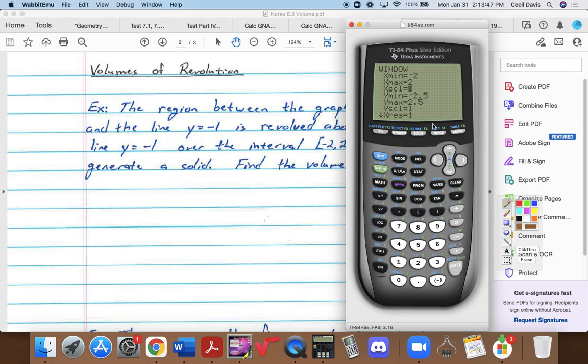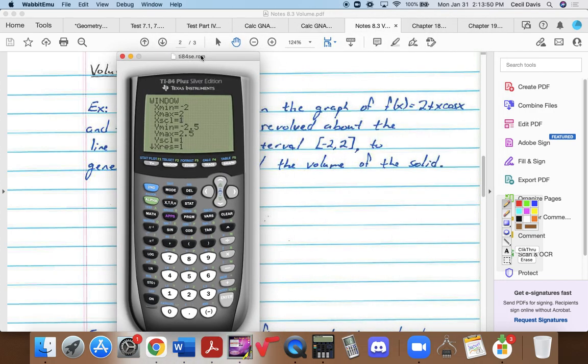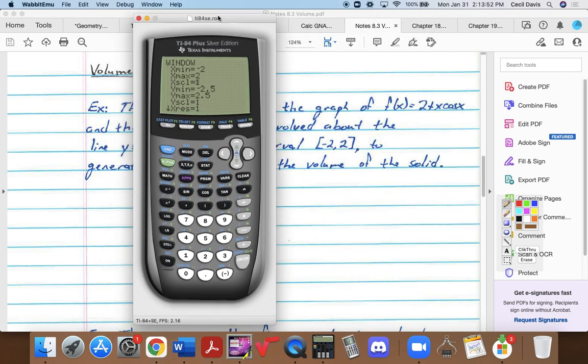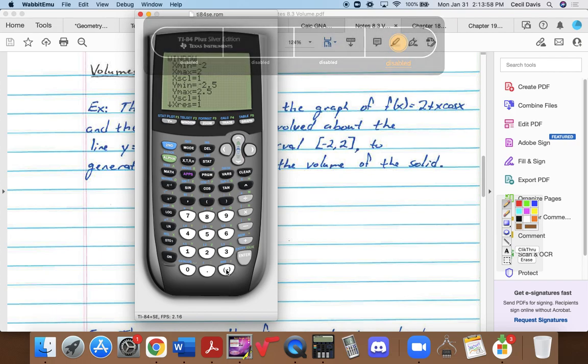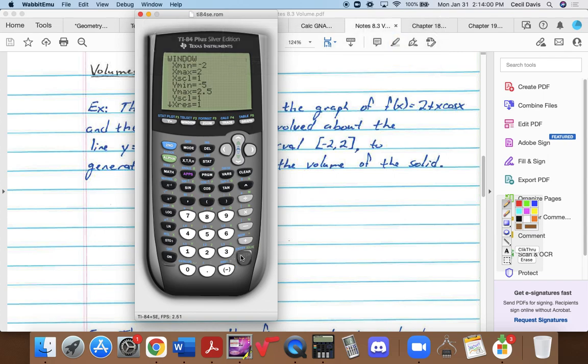And see, that's 2 plus x cosine x. I don't know how big that's going to be. I'll go -5 to 5, just as a guess. Okay.